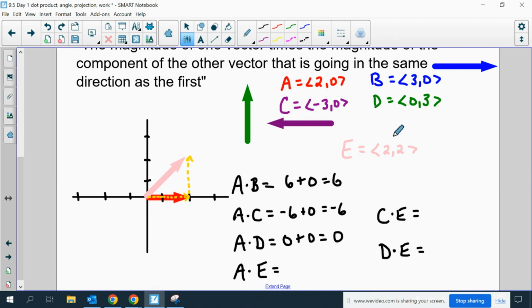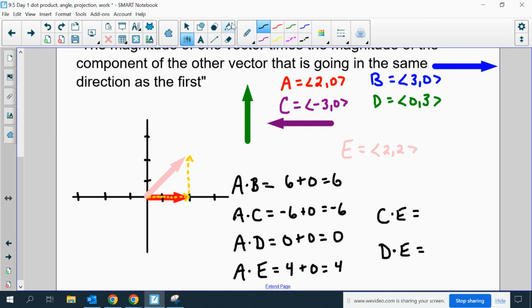So I would hope that I would get 4 because the components that are going in the same direction are 2 times 2. So let's see if that works. 2 times 2 is 4, plus 0 times 2 is 0. So A dot E gives us 4.